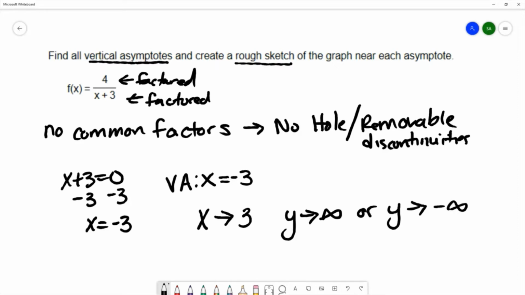So I know that as my x gets closer to -3, then my y is either going to approach positive infinity or -infinity. And so that's what I need to figure out when I'm drawing my rough sketch of the graph near that asymptote, is whether my y will approach infinity or -infinity.